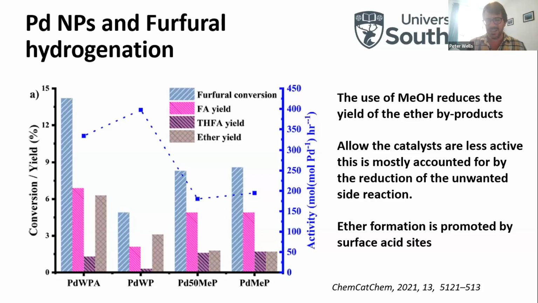You actually get a lot of ethers formed because you have an alcohol solvent and, of course, this aldehyde functionality, so you can get ethers formed through different Brønsted acid sites on a titania surface. By using our methanol route with PVA and without acidification, we suppress this unwanted byproduct.